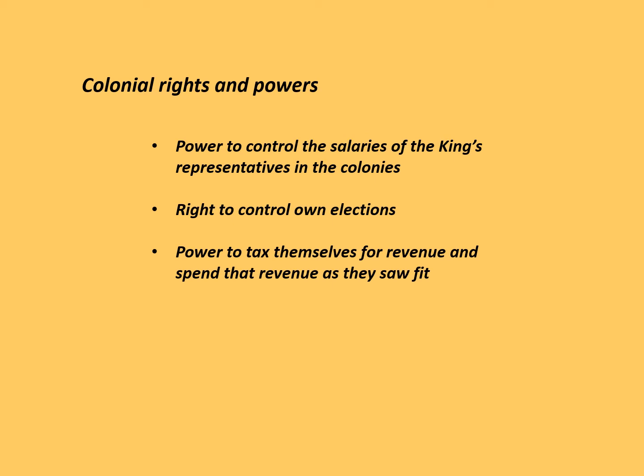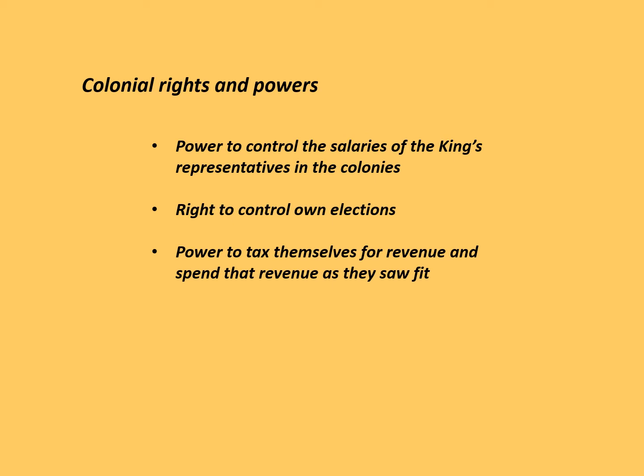And over time, 3 very specific rights and powers came to be in control in the colonies. Number 1, the colonies have the power to control the salaries of the king's representatives in America. Again, that's like the colonial governor or the customs agents.